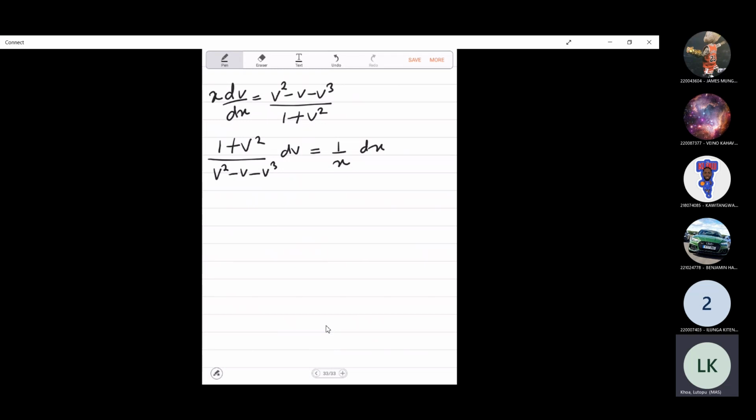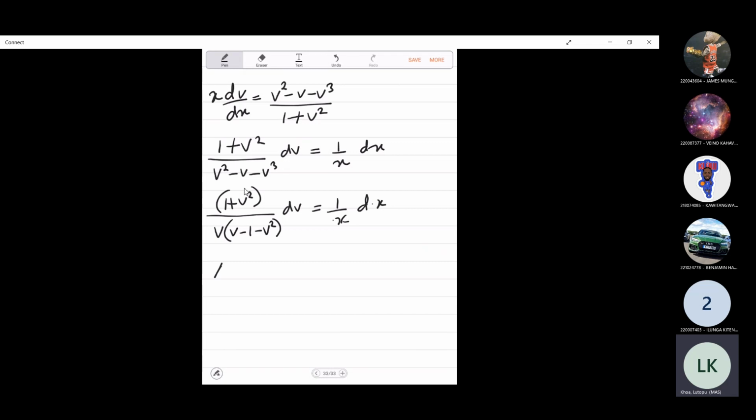Okay, then the denominator, we can factorize it on the left hand side. So I have 1 plus v squared over v squared times 1 minus v, which I write as v times v... I have v minus 1 minus v squared dv, equal to 1 over x dx. Okay, so if I want to integrate this, I have to use partial fractions.